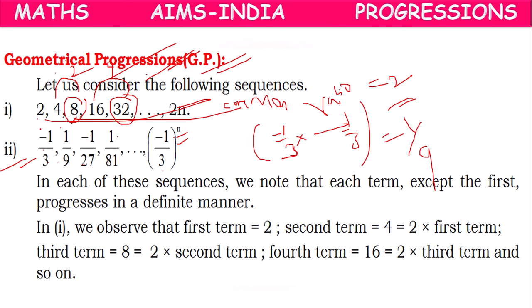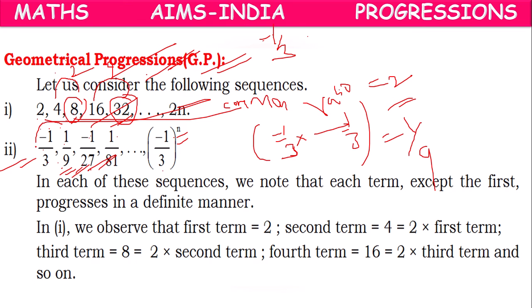We are multiplying the first term with minus 1 by 3, so we will get the second term. Again, the second term is multiplied by the same number. Minus 1 into minus 1 is plus 1, 9 times 3 is 27. Again, 27 times 3 is 81.